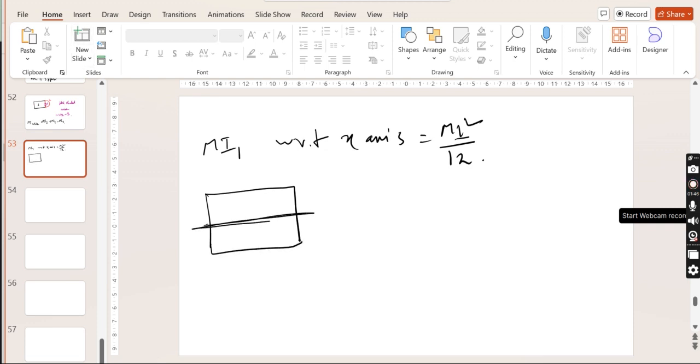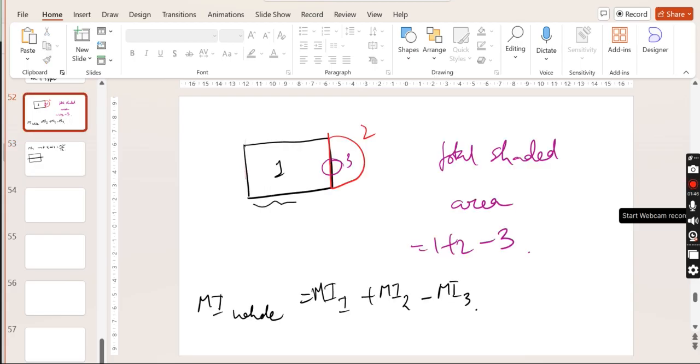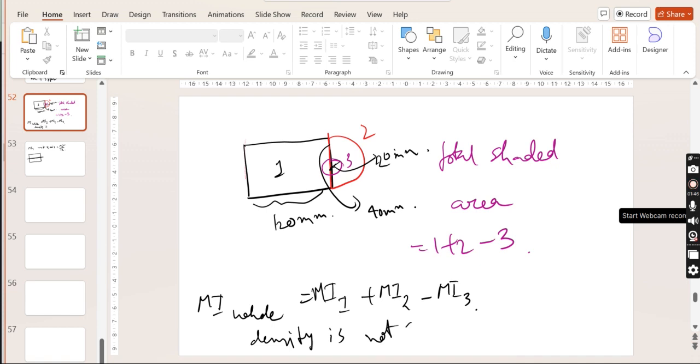So this is actually the y-axis. This is 120 millimeter, this is 40 millimeter, and this is 20 millimeter. And density is not given, so we assume 1.